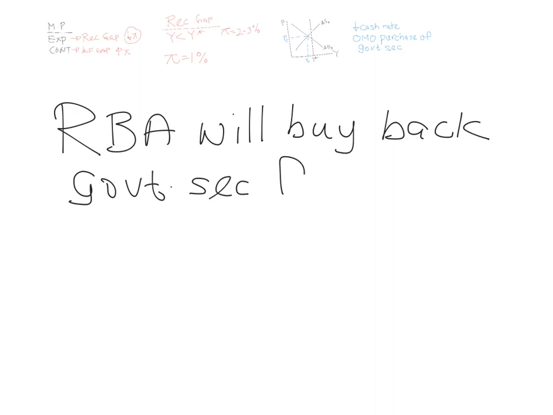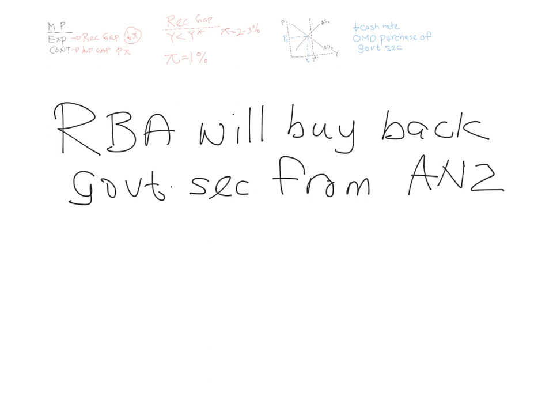Let's say ANZ, but it's not just ANZ, it's Westpac, it's National Bank, it's all the commercial banks. Okay, so what will happen is when they buy back the government securities, remember a government security is just a piece of paper with a value on it, right?